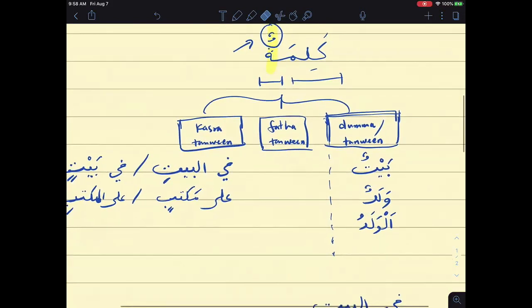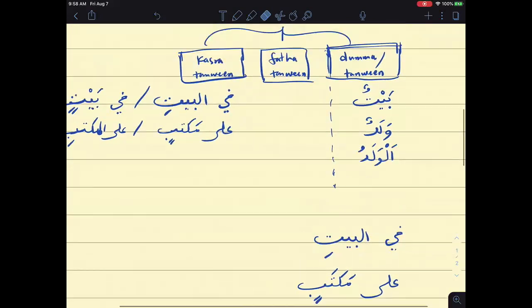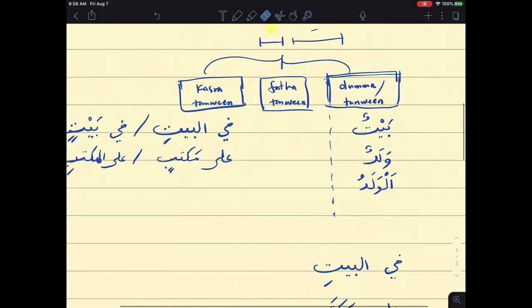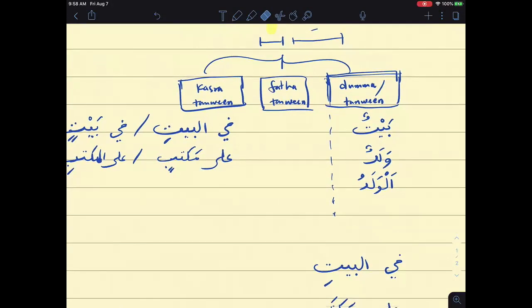Honestly, I don't want to confuse you guys. That's fine. So you have a dhamma, fatha, kasra. But one thing you'll learn in the Arabic language is that it is very nice. Everything is good because there are a lot of rules and cool things happening, like math, science, and all of these things.